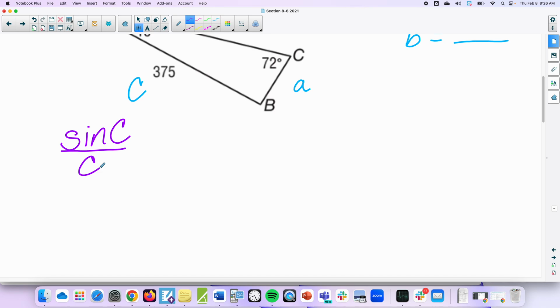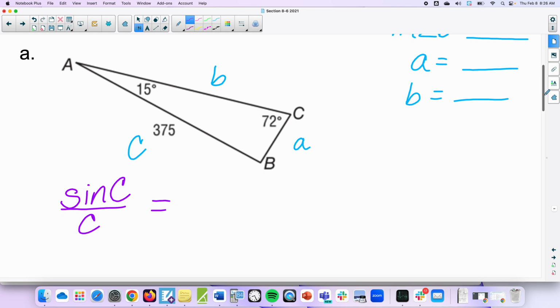The formula is you always take sine of an angle over its side. So those are the 2 I know. Now I'm just gonna decide, do I wanna find little a or little b? It doesn't matter which one you do first. Let's find a. So I'm gonna say sine of A over little a, okay?